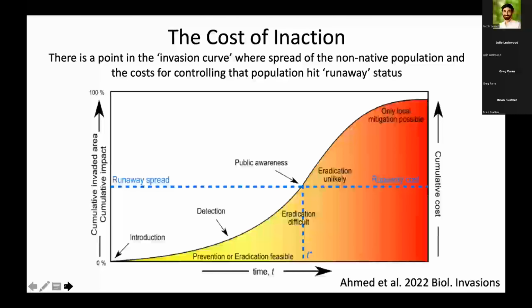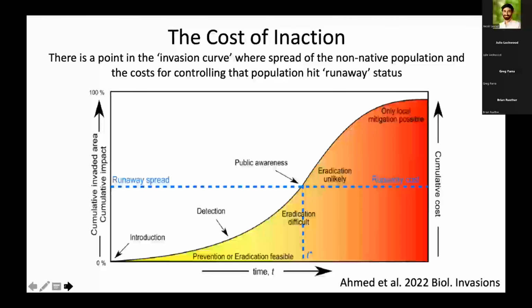And then the main thing that gets overlaid onto this is the cumulative cost, the cumulative impact, and also related here, your chance of eradicating or stopping any kind of spread, or eradicating that local population. This is from a recent paper in Biological Invasions: for any particular invader, they can pick out what they call the runaway spread, runaway cost point.